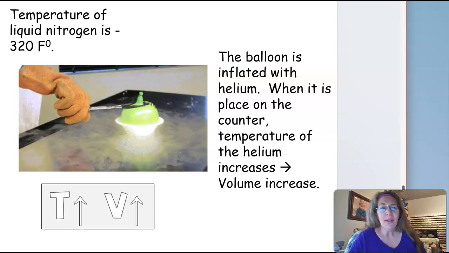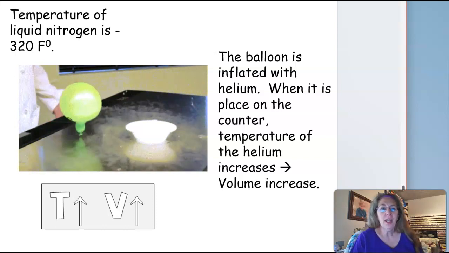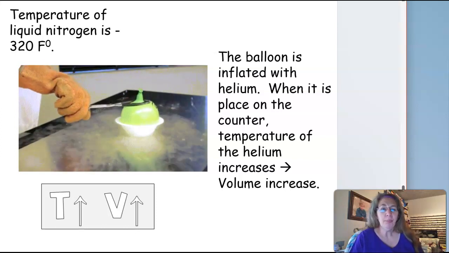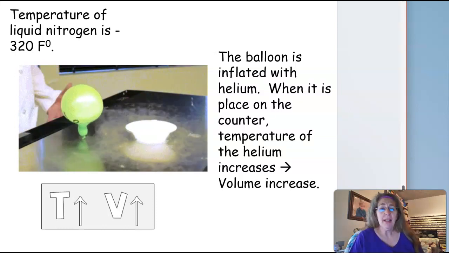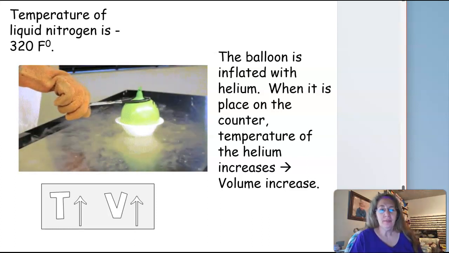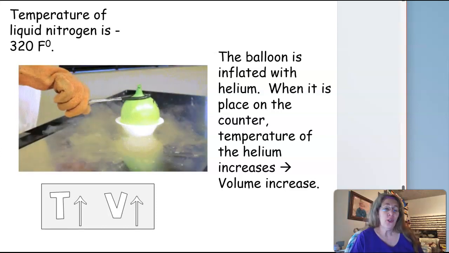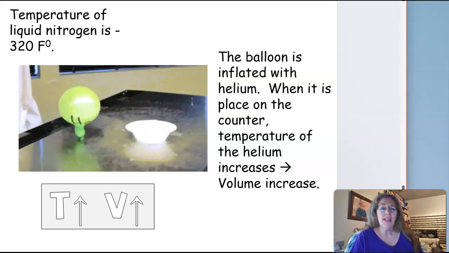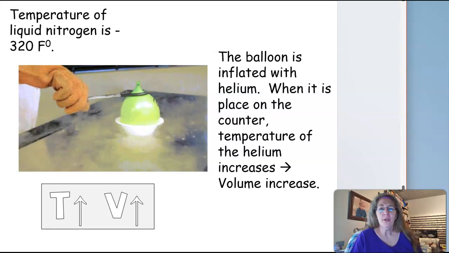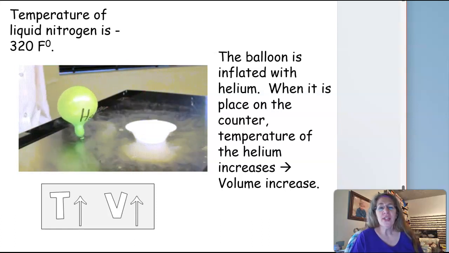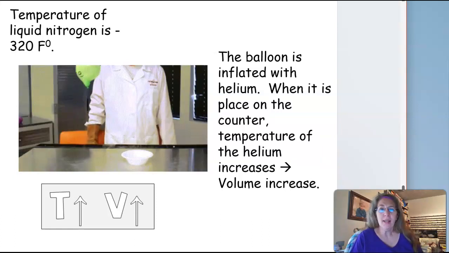In this example, they have a helium balloon, and they take the helium balloon and they place it into liquid nitrogen. Liquid nitrogen is super duper cold. And so when the balloon is put into the liquid nitrogen, the particles of gas compress, they move slower.